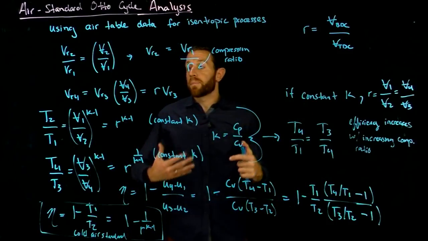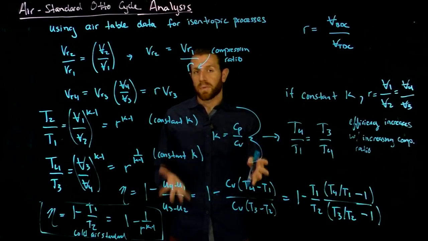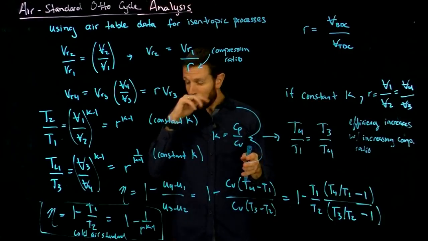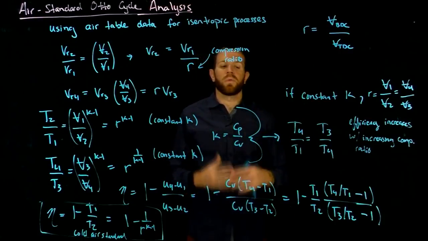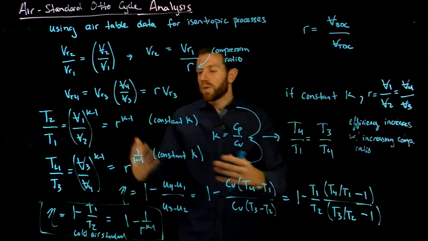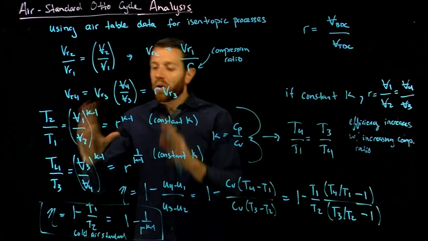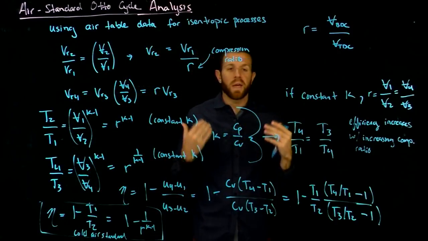In my opinion, it's not important that you memorize all of these different relations, but if available to you, just know how to use them to find volumes or temperatures that you may not know.